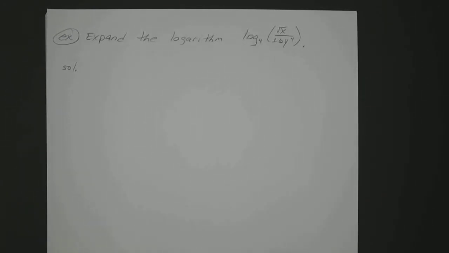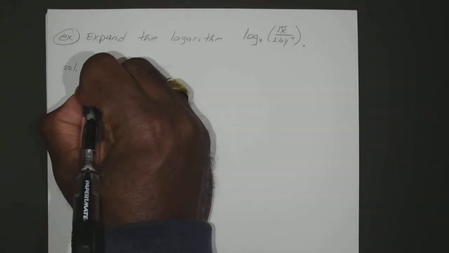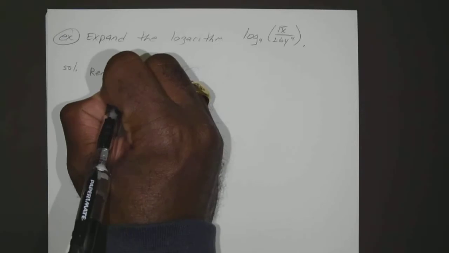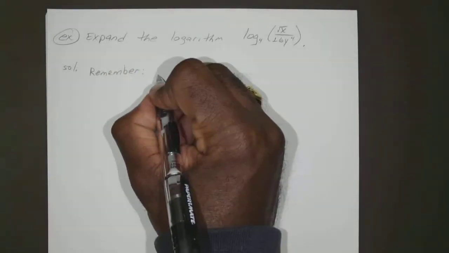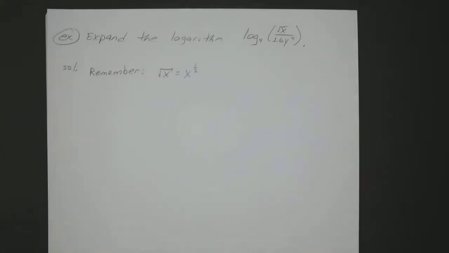So the first thing I do whenever you have a square root or cube root or anything else is you want to get rid of that square root symbol and put it to the power of, in this case, 1/2. So if you remember, the square root of x equals x to the 1/2 power.